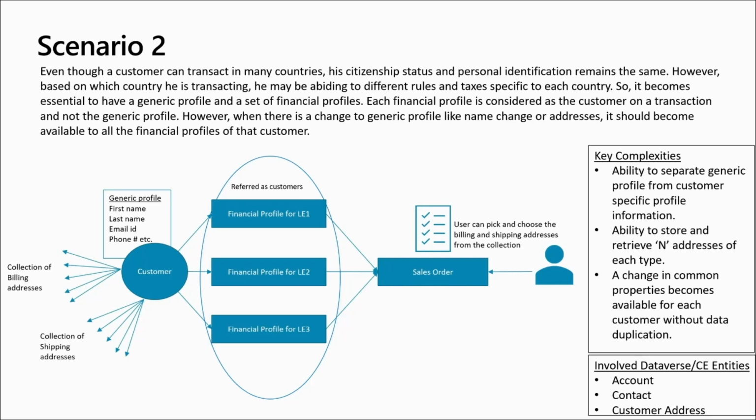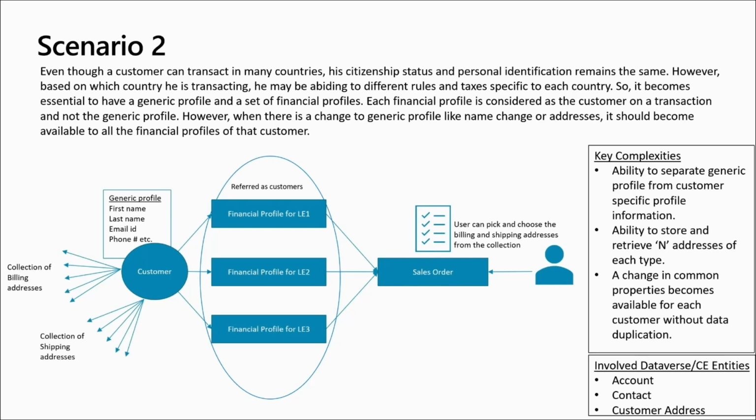Some of the contact information is the same. However, due to different countries, due to the nature of business in different legal entities, they have different taxonomy. They have different payment terms, right? They transact on a different set of financial profile, right?